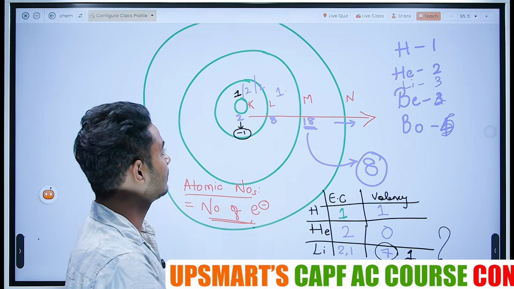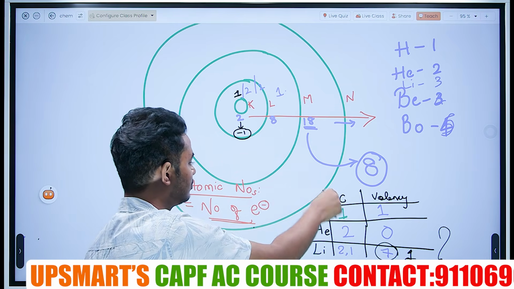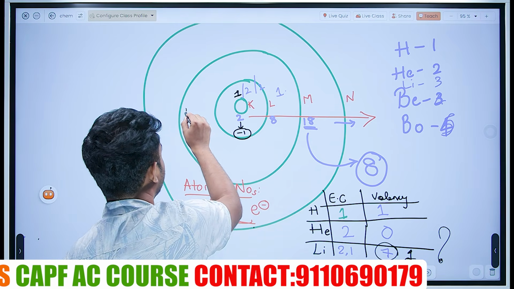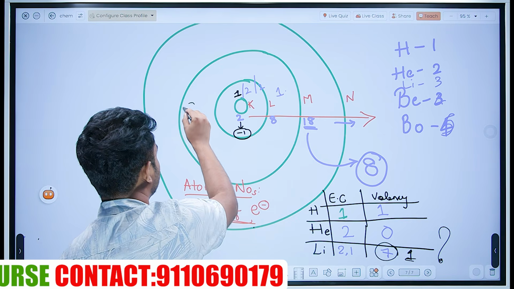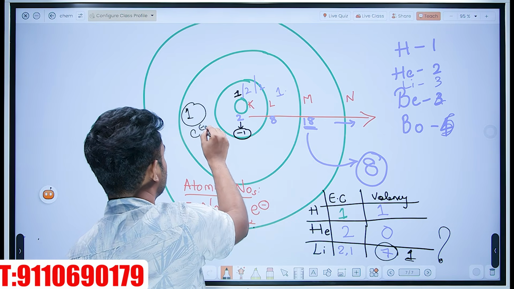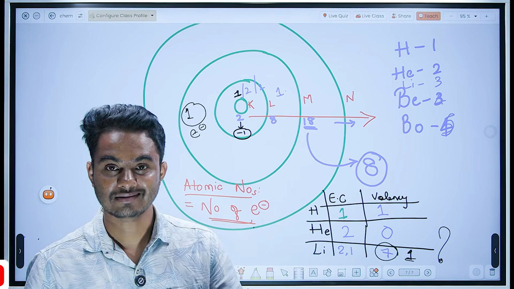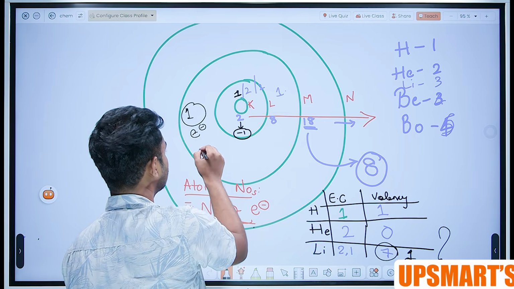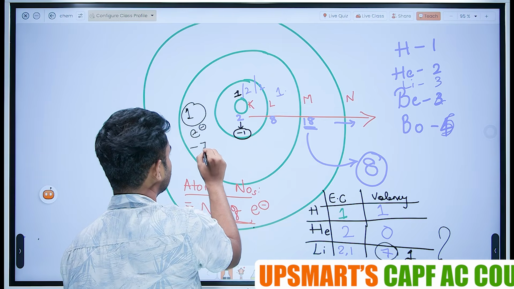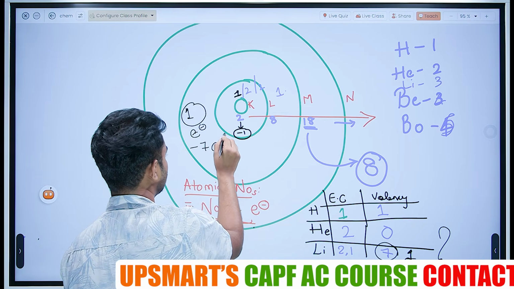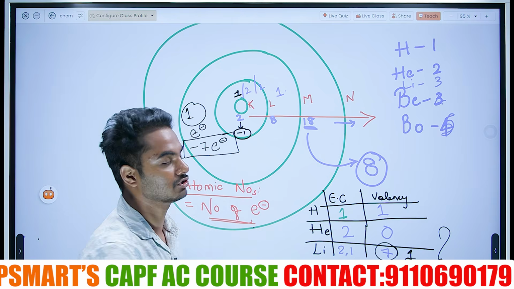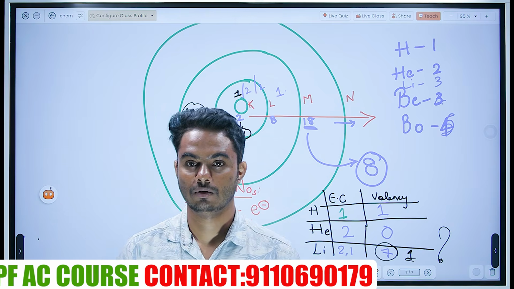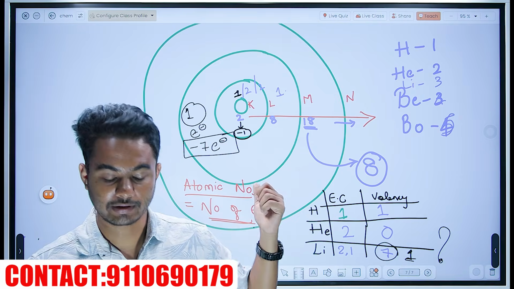And in the second shell it has one electron. So it has a shortage of 7 electrons, or it has an excess of 1 electron.